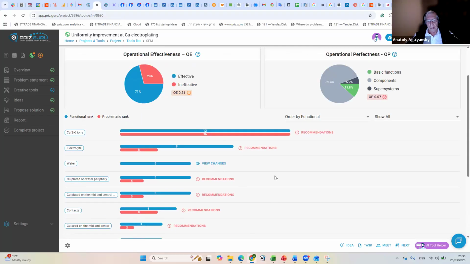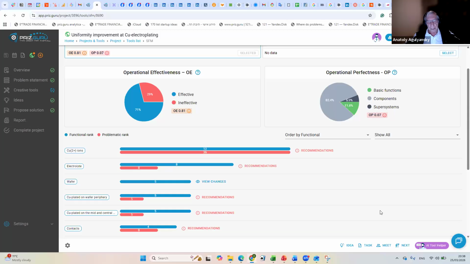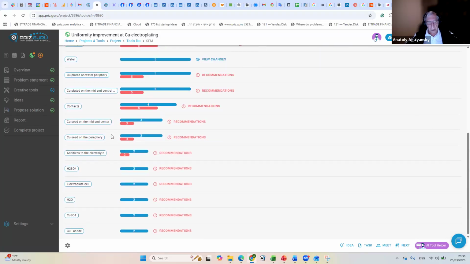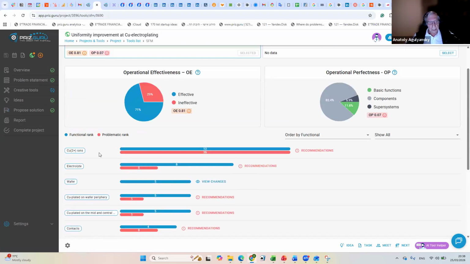So the platform is calculating the main parameters of the system, which is less important currently. But what's very important, it calculates functional and problematic rank for each component. And what's interesting is that copper ions are the most functional and the most problematic at the same time.